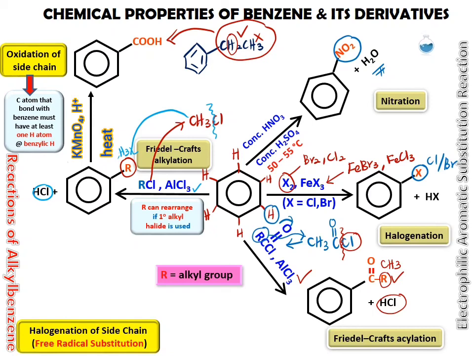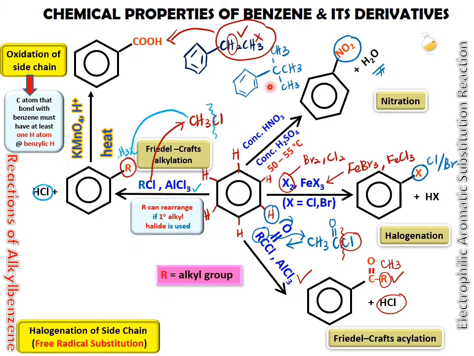Okay, I give you the other example here. Contoh lain, kalau awak ada, okay, ni benzene, okay, and then you ada CH3, CH3, and then here also CH3. Okay, boleh tak this alkyl benzene undergo oxidation of side chain?